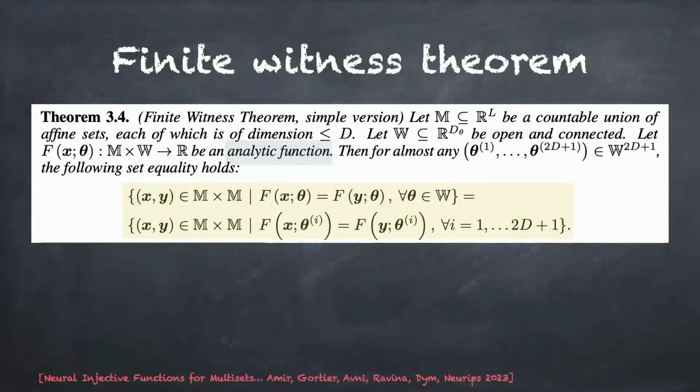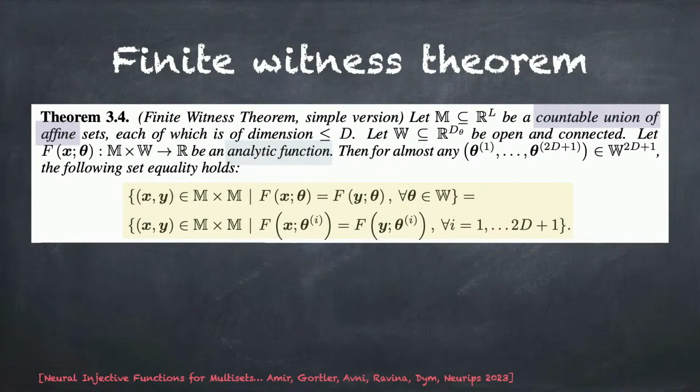The first assumption is that the function we're talking about is analytic. This can be relaxed, but then the theorem becomes less simple. If you want this statement to hold as is, you need the function to be analytic, which is why we need analytic activations.